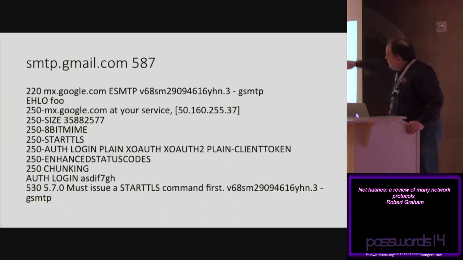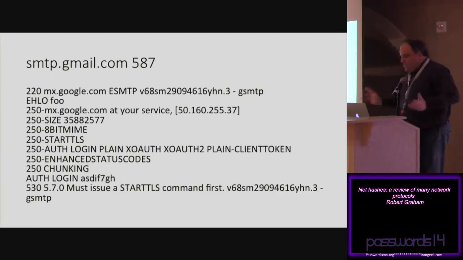So I say hello, foo, and then it comes back and tells me its capabilities. It's using SASL, so it tells me all the authentication techniques that it supports in SASL. I can do this login in plain, which is clear text, or it also supports its own custom extensions to SASL, its own plugin protocol algorithms, using OAuth or OAuth2.